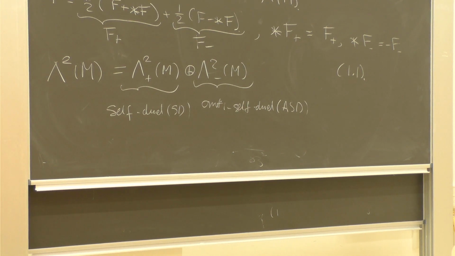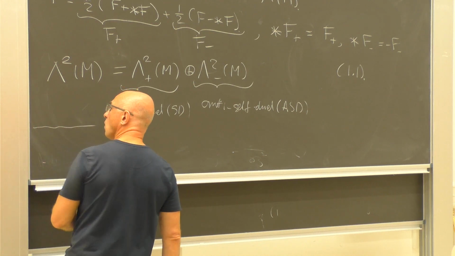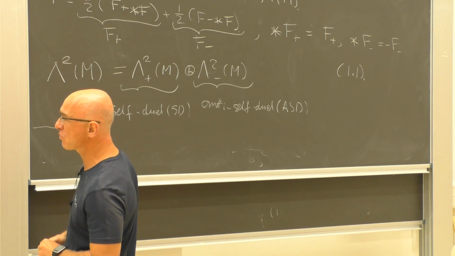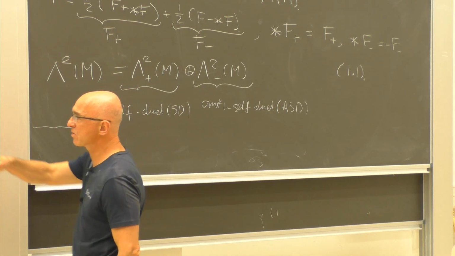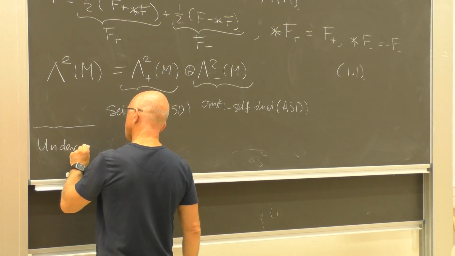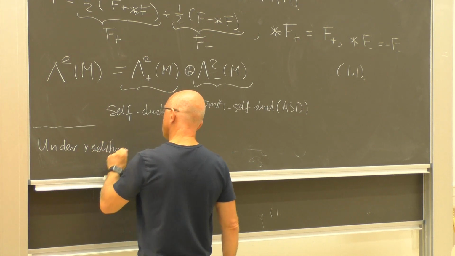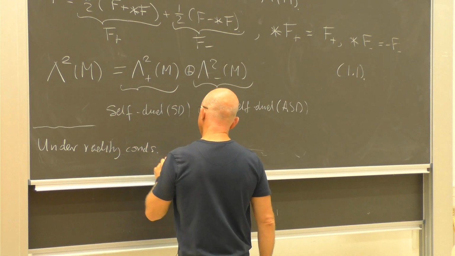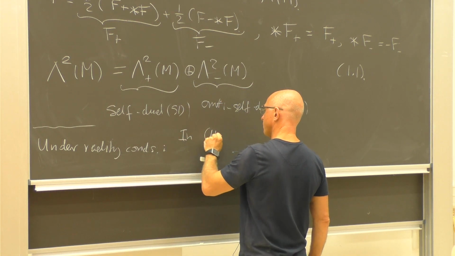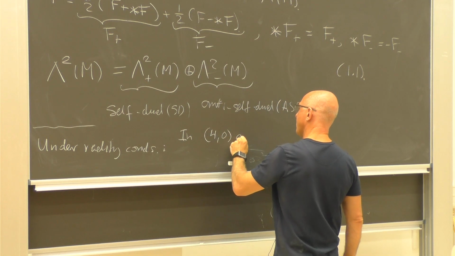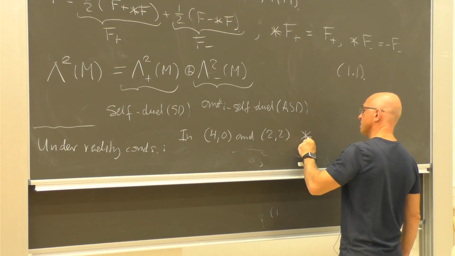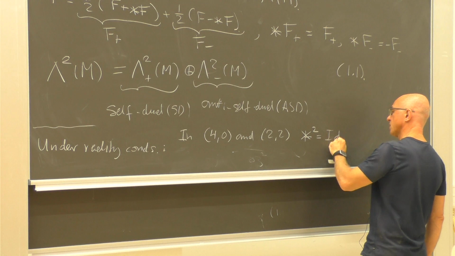Well, what happens is suddenly not what you would want to happen, and which will kind of spoil, in some sense, Twistor theory in Lorentzian signature, but you'll find that under imposing these reality conditions, in Euclidean signature and in this neutral signature, the star squared is still identity on two forms.